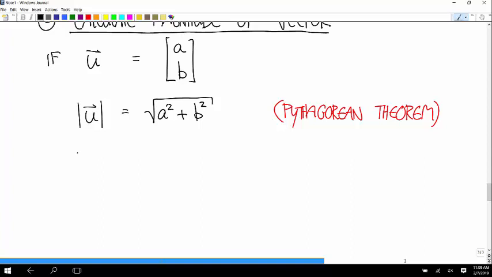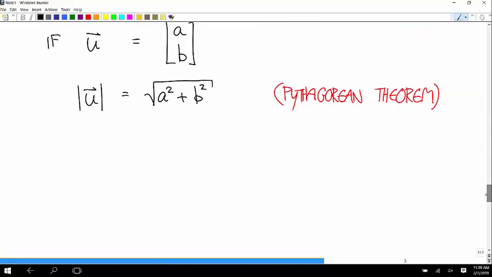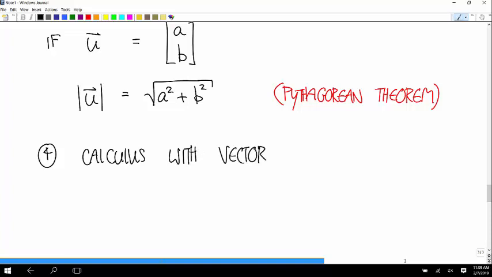Okay, and now the last one, number 4. Doing calculus with vectors. You might think that this would be hard, but all you do is do the calculus individually on the different components, and the two components don't affect each other.